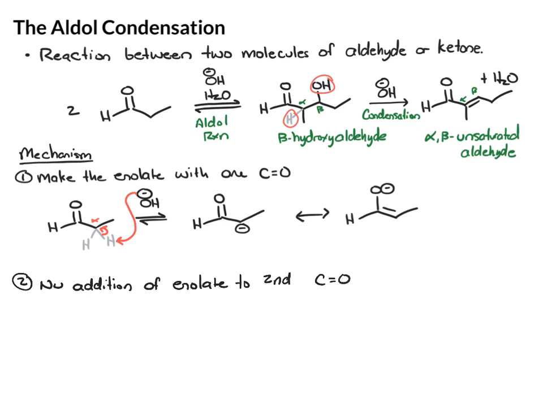So now we're going to take our enolate and I'm going to rotate that carbon group down, and I think you'll see why when we draw the product. It just makes things come together a little more easily. And I'll draw our second aldehyde in blue so we can keep track of it.